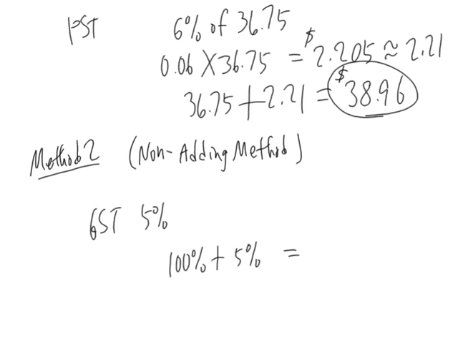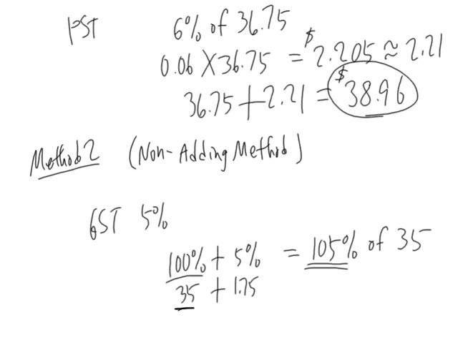So instead of using 5% and then adding it on, if I was thinking of this as being 105% of the $35, the 100% would be the cost of the backpack, 35 bucks, and the 5% would be $1.75. So if I was to do 105% in one step, that would be both the cost of the backpack and the 5% tax.